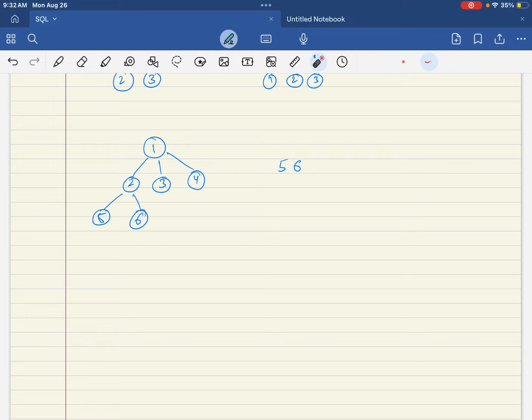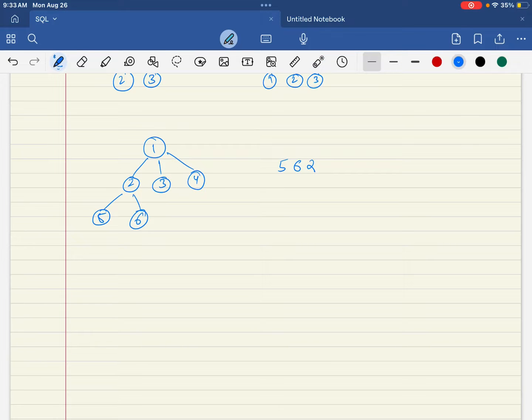After coming to 6, we see that there are no more children, so we finish that recursive call, then we come back to 1 and we have to traverse the other children of 1 also, which are 3 and 4.